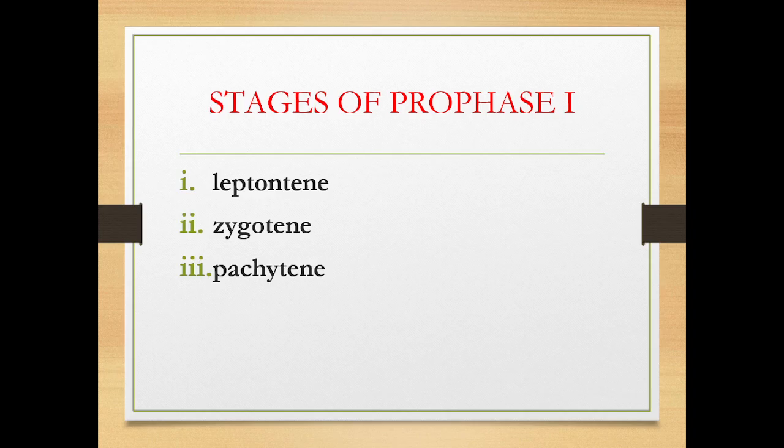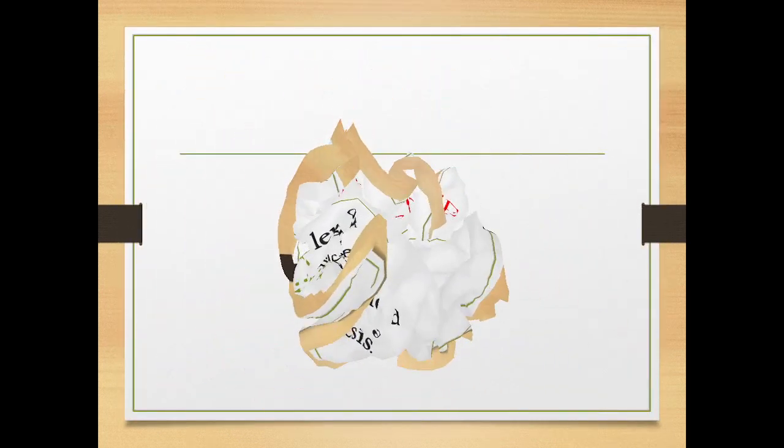That's where you can see the tetrads and also the exchange. Then you have diplotene. The chromosomes will start separating, and lastly you're going to find diakinesis. So let's now go in detail and look at each of these.